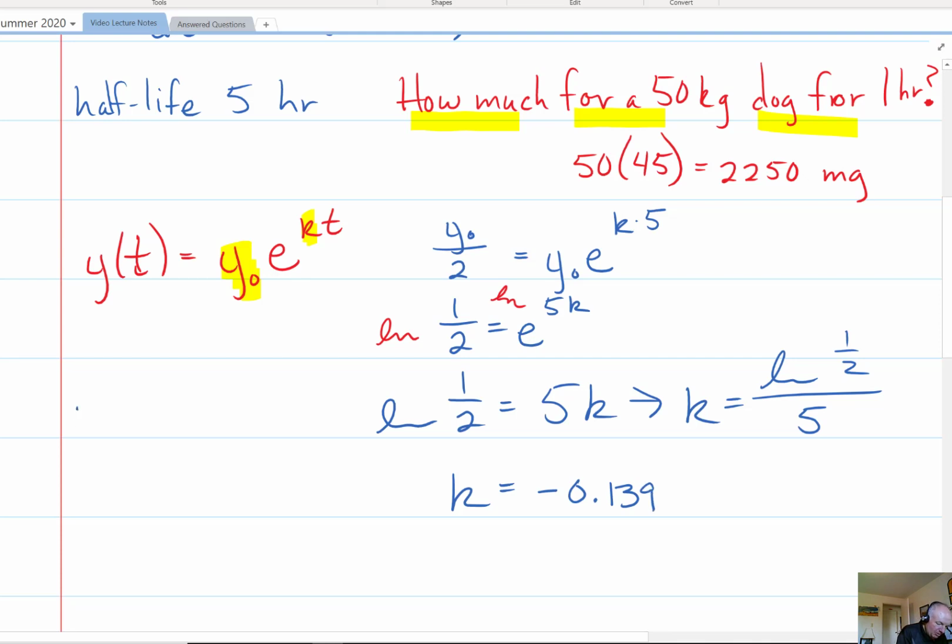Okay, so up to this point, we've got this much of our model figured out. And like we said, we ended up with a negative k. Now the task, before we can come up with a model that we can just use to figure out how much drug is in the dog's bloodstream, is to figure out what y sub 0 is.